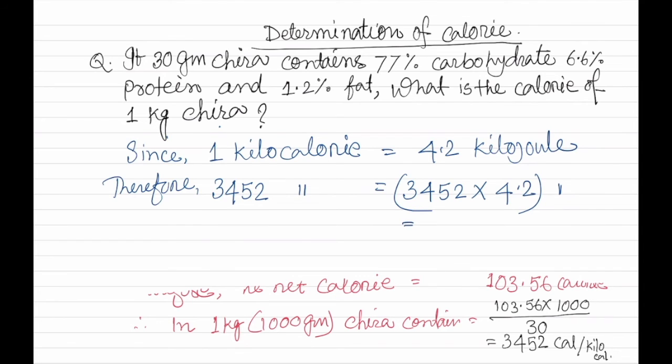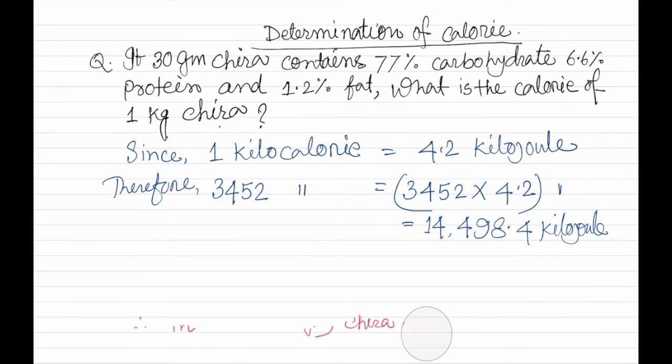The answer will be 14,498.4 kilojoule. Now with the help of this calculation you can easily understand that 1 kg chira contains 14,498 kilojoule energy approximately.